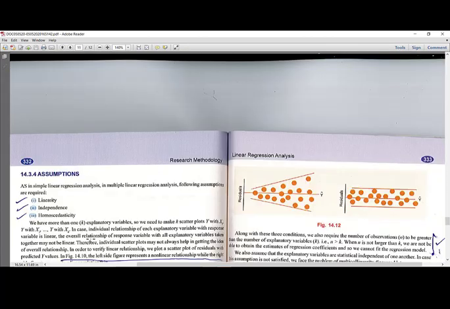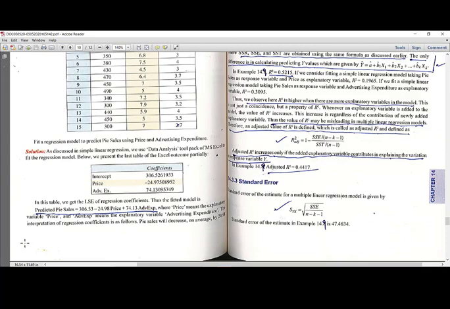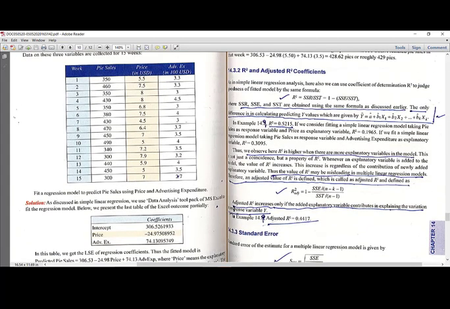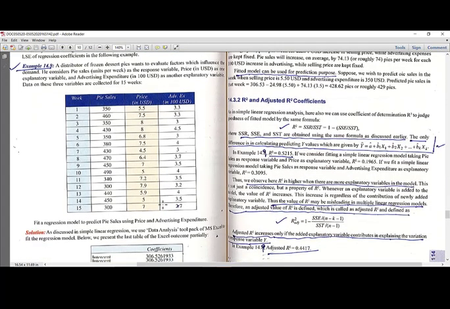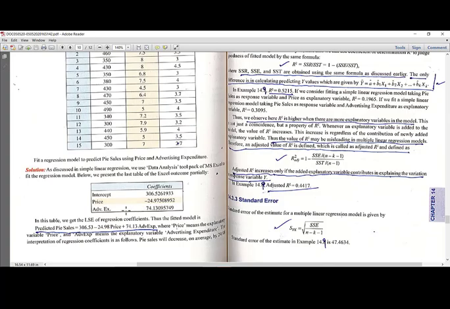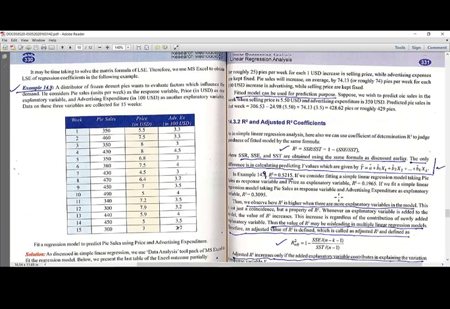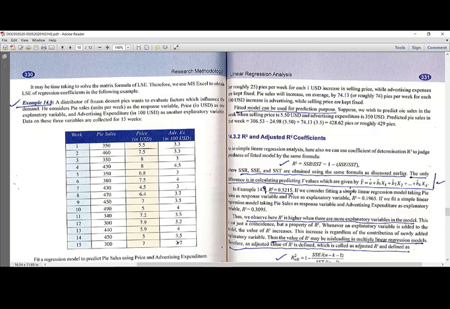That is the interpretation. Here you can see that as the price coefficient is negative, pie sales will decrease on average by 24.98, roughly 25 pies per week, for each $1 increase in the selling price.